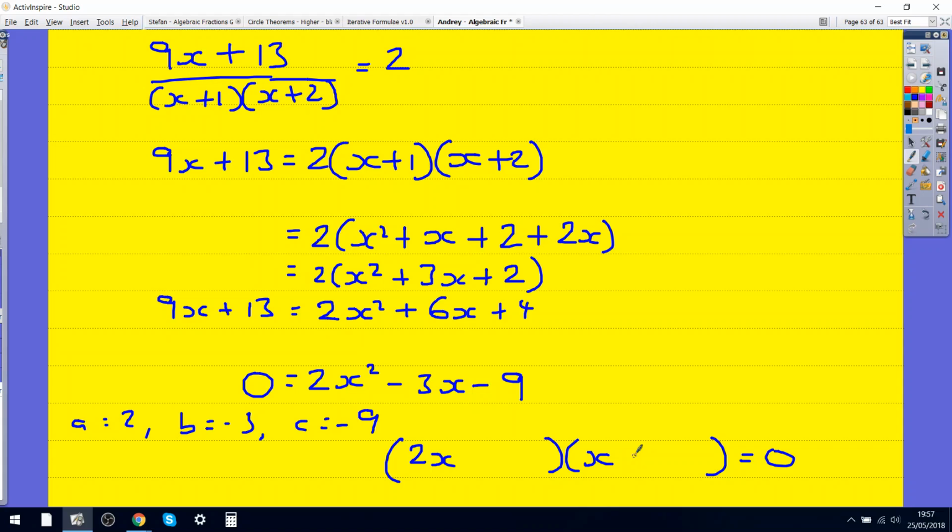And so if that was minus 3 and that was plus 3, you get 2x squared, minus 6x plus 3x, that's minus 3x, and then minus 9. Yeah. And so how would you solve that?